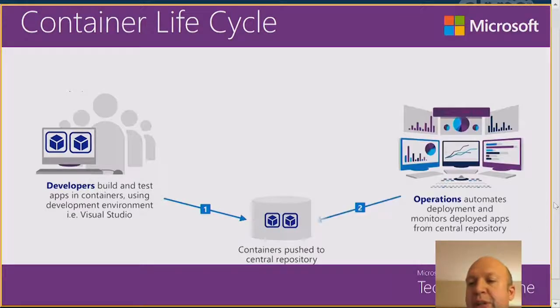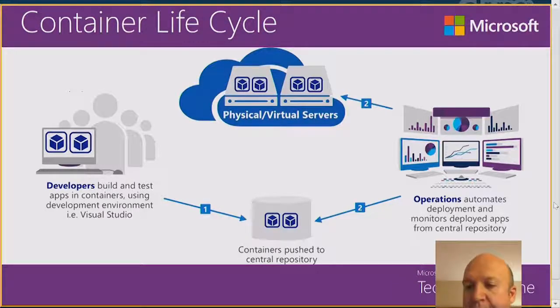Now, on the far side of the picture, we've got our operations team. So IT are sitting here, and we're looking at that same repository. We've got maybe that management and orchestration tool sitting in front of us, and we're going to take a look at what just happened in the repository and maybe pull that project out and put it up onto our actual production servers.